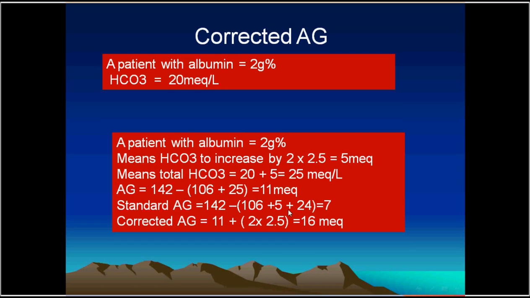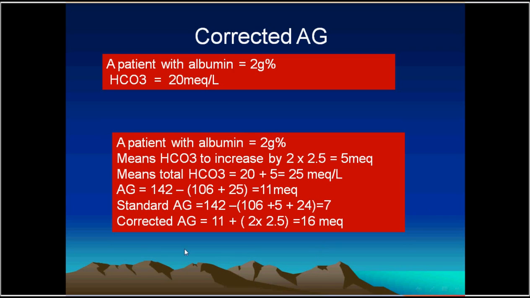If we add 5, this is 29. So this patient should have a bicarbonate of 29, and so the anion gap for this patient should be 7. But what we measured here, in such a patient with bicarbonate 20, is 11. So the patient has a high anion gap.